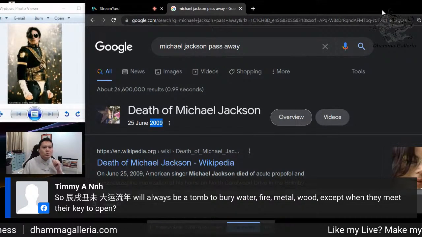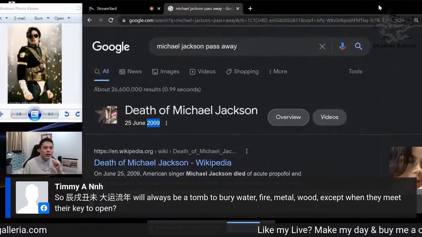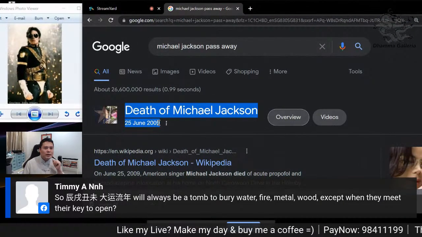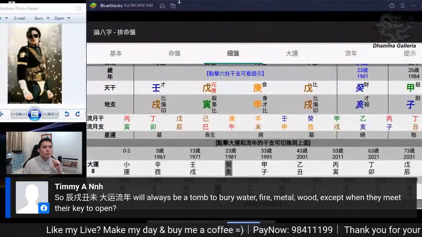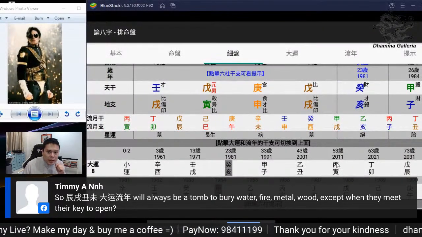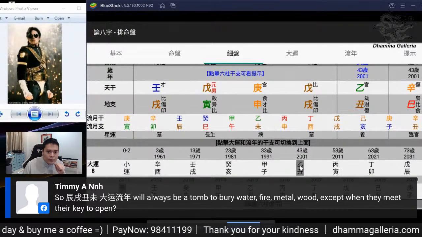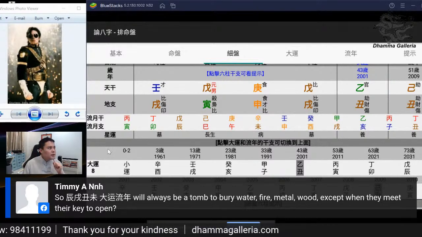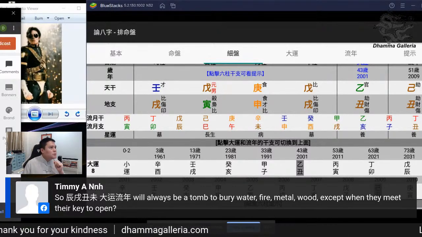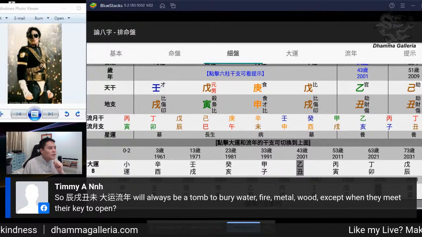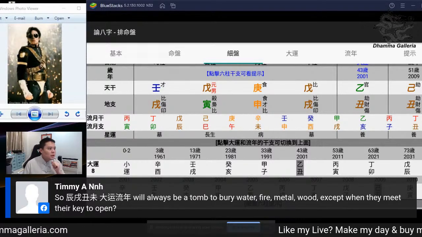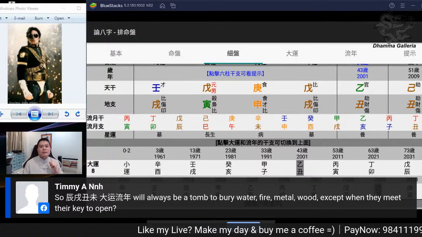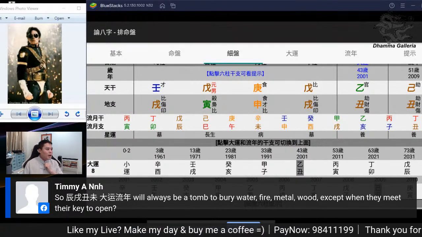Death of Michael Jackson is in the year 2009, okay? So let's look at 2009, all right? Okay, death of Michael Jackson, 2009. So let's look at 2009. What happened in 2009? 2009就是那个子丑啊，这个啊，子丑啊。丑是不是金的那个库？Let me ask you this question. 丑 is the burial site of metal element, right?